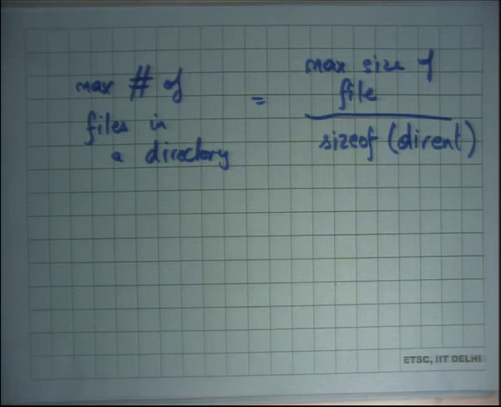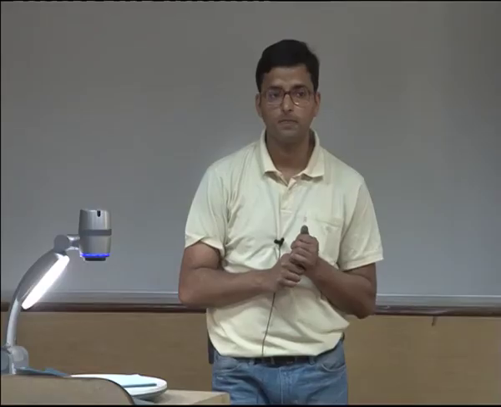Whatever the maximum size of file you can support, that's the amount of space you can have for storing directory contents, and so you can have that many entries inside a directory.